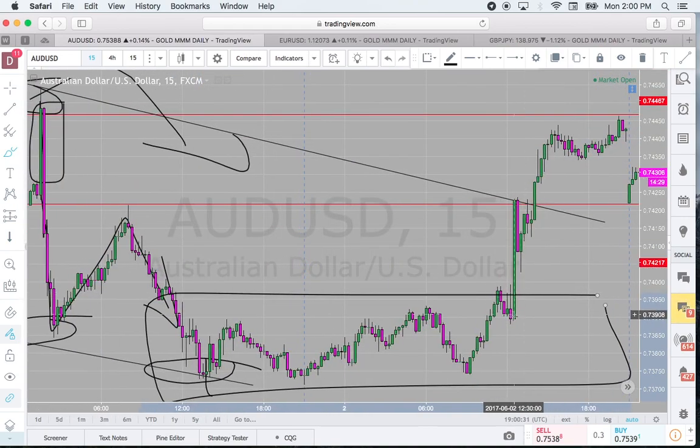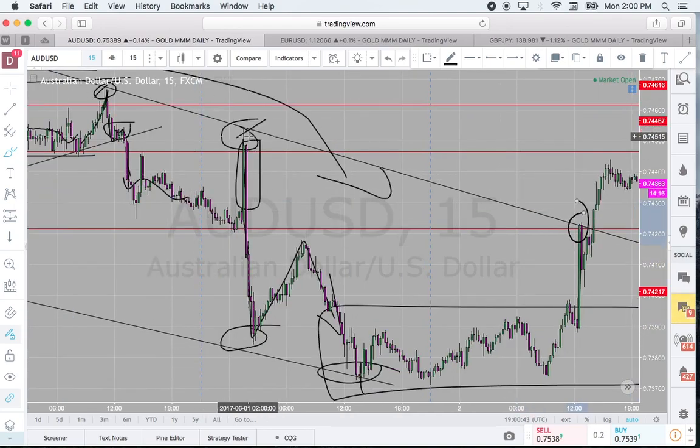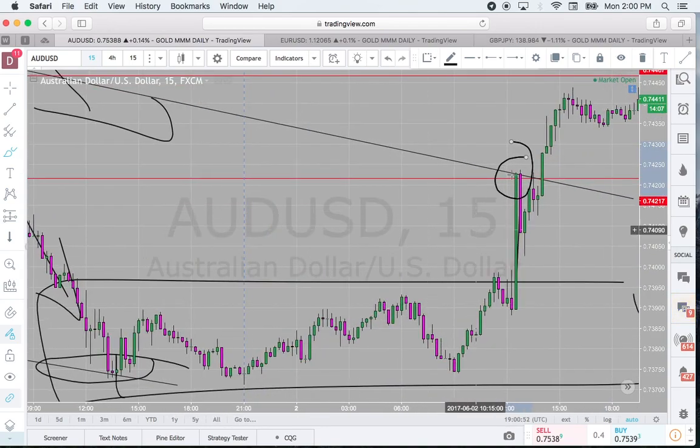In one big candle, there's the big candle again. You guys, this happens over and over and over. These big candles, they can be news, they can happen out of nowhere. Just realize that this is an emotional weapon.